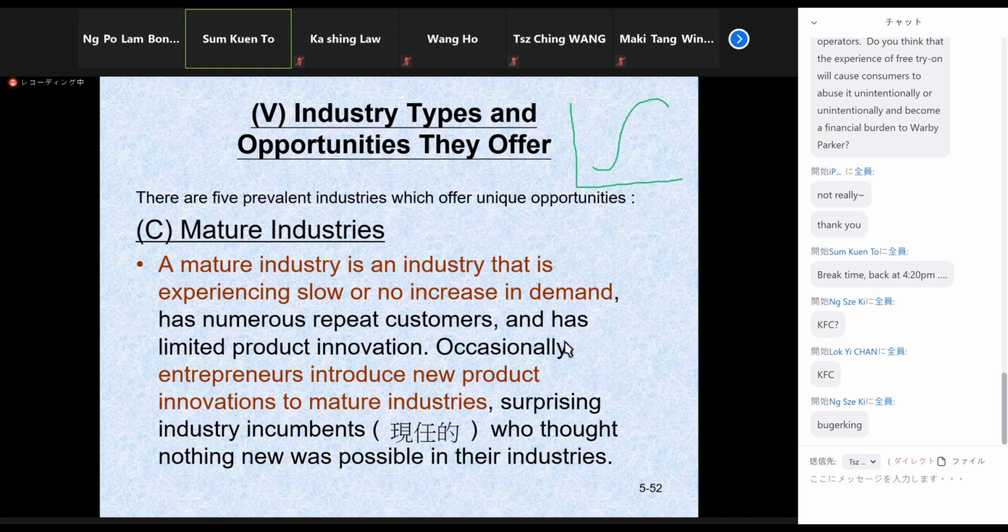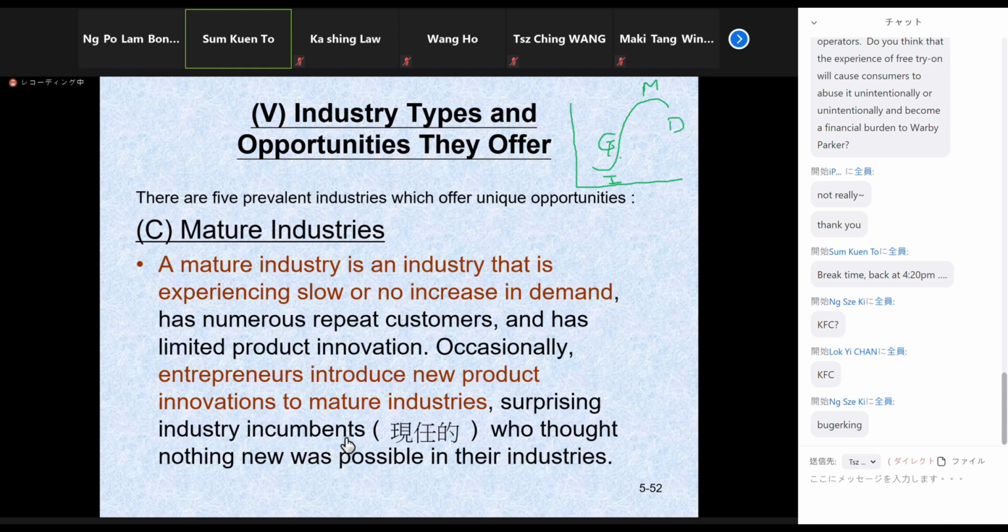What we call here is introduction, very small, and then growth, and after growth, you become mature, go to the top, like the life cycle of birth, aging, sickness and death, and then it becomes declining. So this is the life cycle.